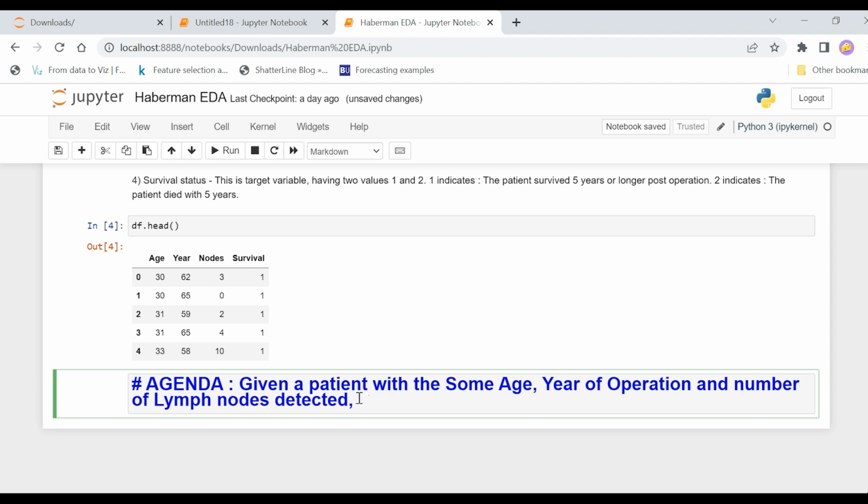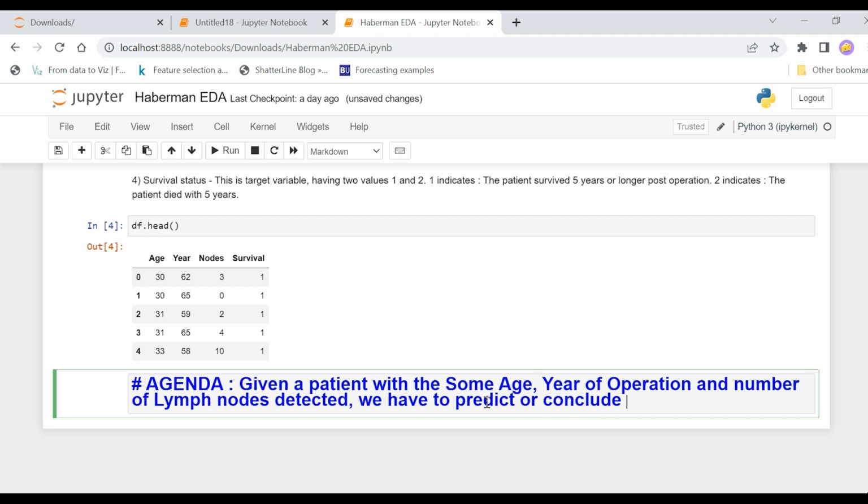we have to predict, or rather conclude, because we are not making a model, we are just trying to do an exploratory data analysis.